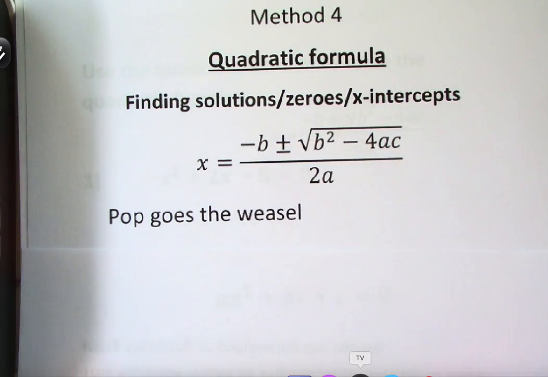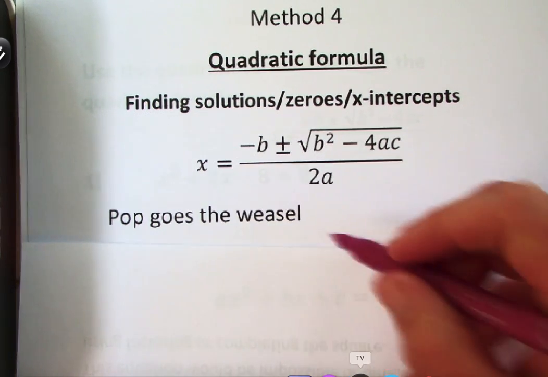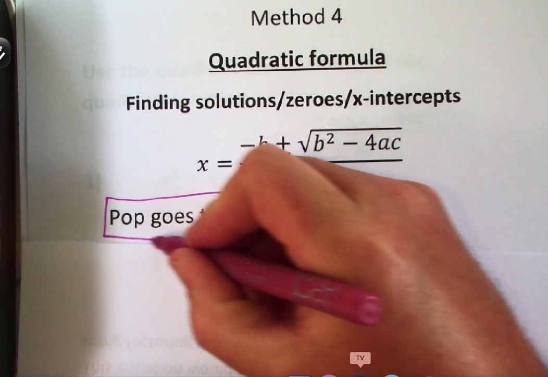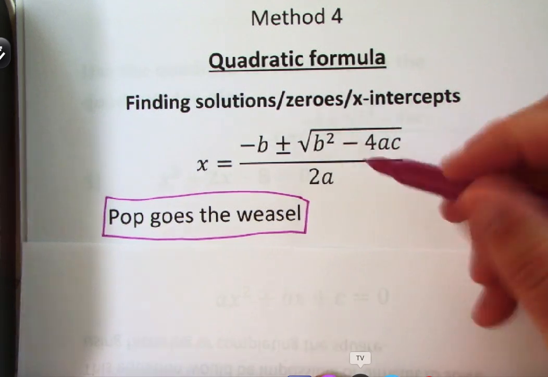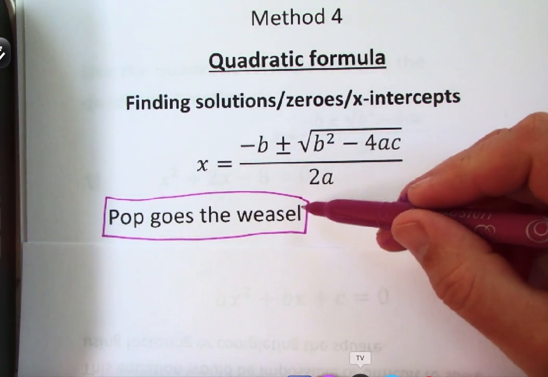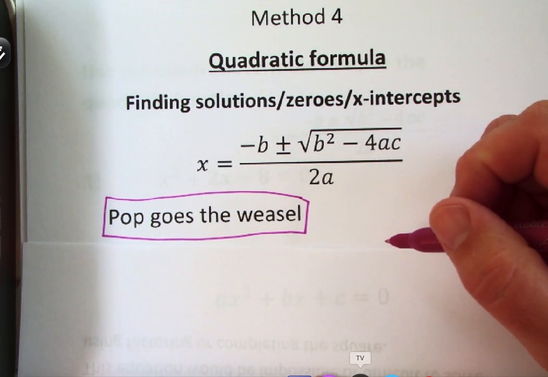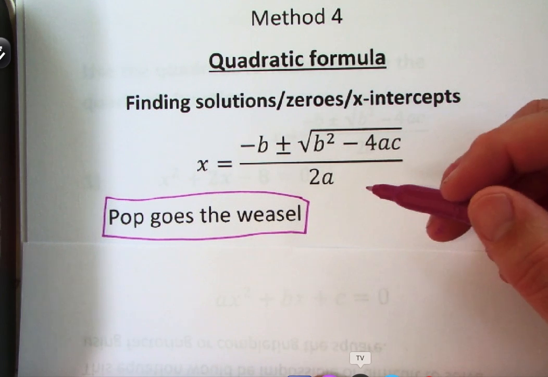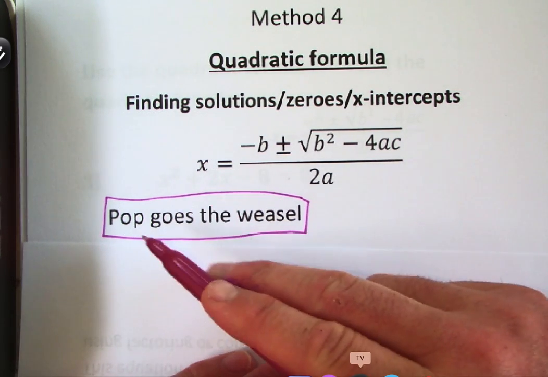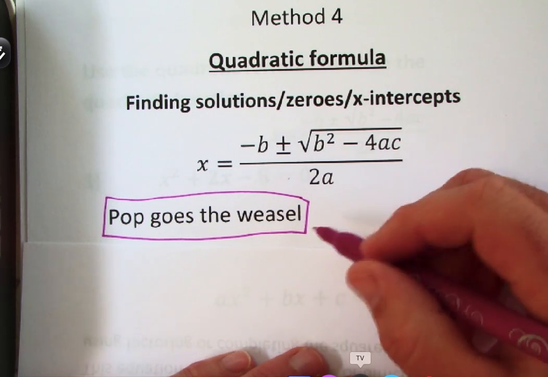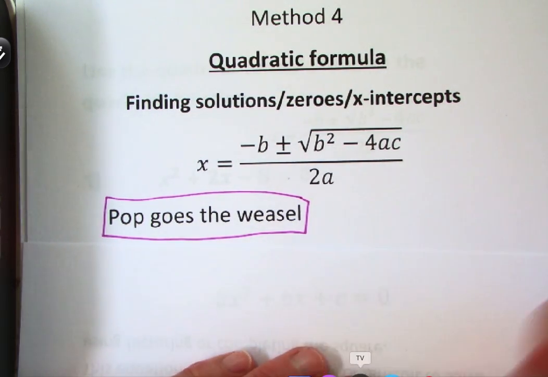Later year teachers will ask you to memorize it when you do tests and quizzes. A student a couple years ago told me, Mr. Moran, if you sing it to the theme song of Pop Goes the Weasel, you might have a better chance to remember it. And you may not know Pop Goes the Weasel, but there were those old Jack in the Boxes.